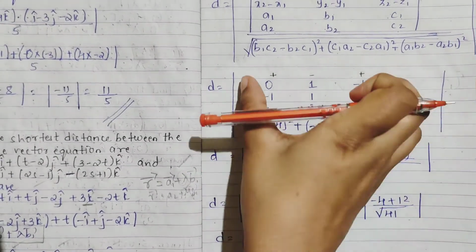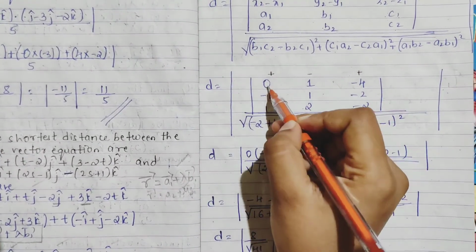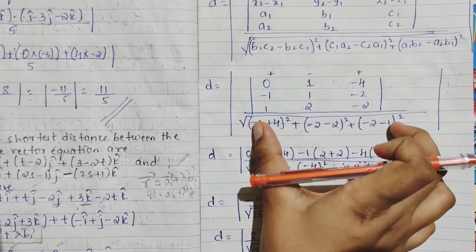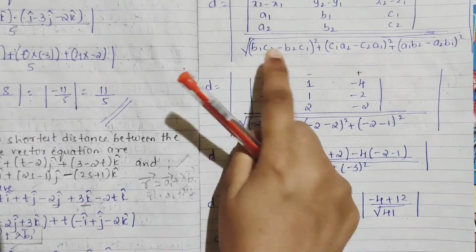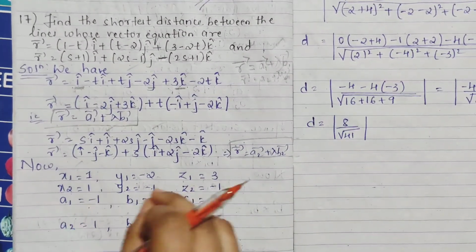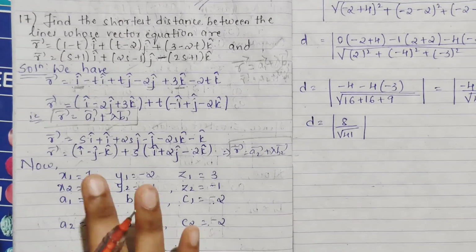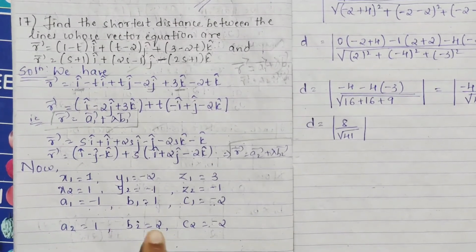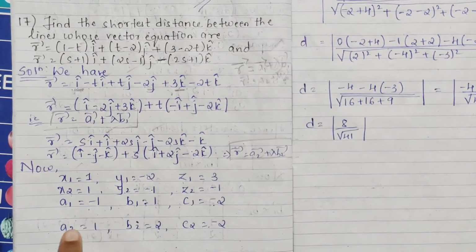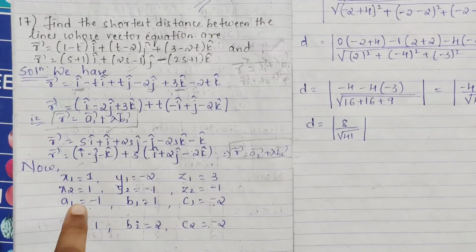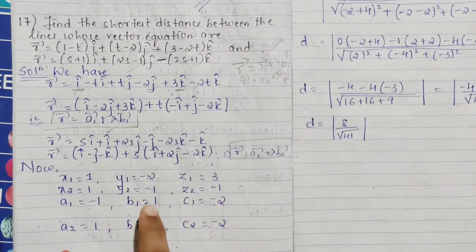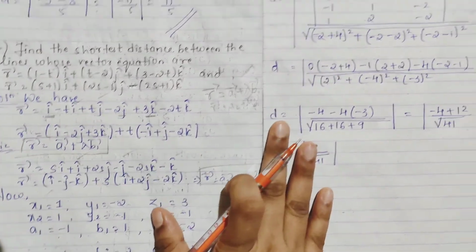So I have written the determinant x2 minus x1, y2 minus y1, z2 minus z1, and next is your square root form. Multiplying the points which you have written at the start, a1 b1 everything: b1 into c2 minus b2 into c1, squaring it; c1 into a2 minus c2 into a1, squared; a1 into b2 minus a2 into b1, squaring it. Find all the values and you will get like this.